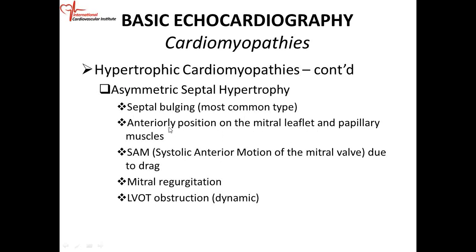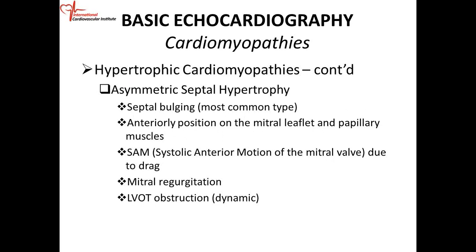Because of this abnormal position or location of the papillary muscle and the anterior mitral leaflet, a lot of these patients are going to have mitral regurgitation. They're going to have also what we call SAM. SAM is systolic anterior motion of the mitral valve.